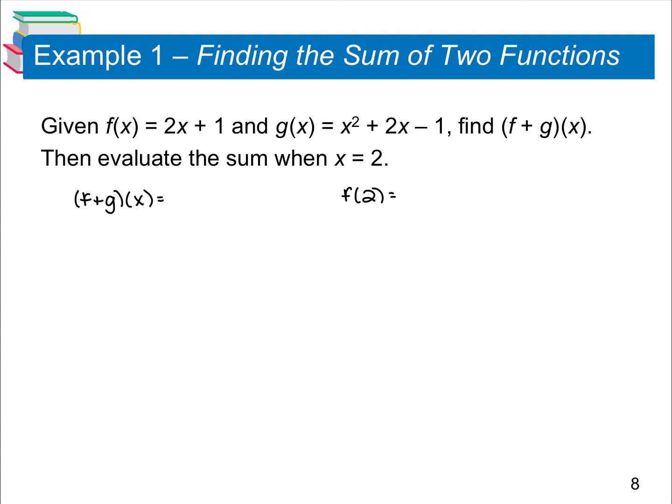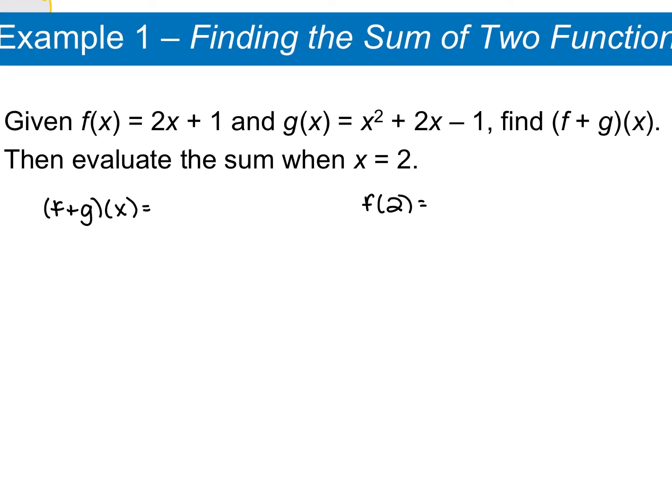If we look at the next example, it tells us that f of x is 2x plus 1, g of x is x squared plus 2x minus 1. We're finding f plus g of x, and then we're going to evaluate the sum when x is equal to 2. I don't know why I put f of 2, but it shouldn't be f of 2.